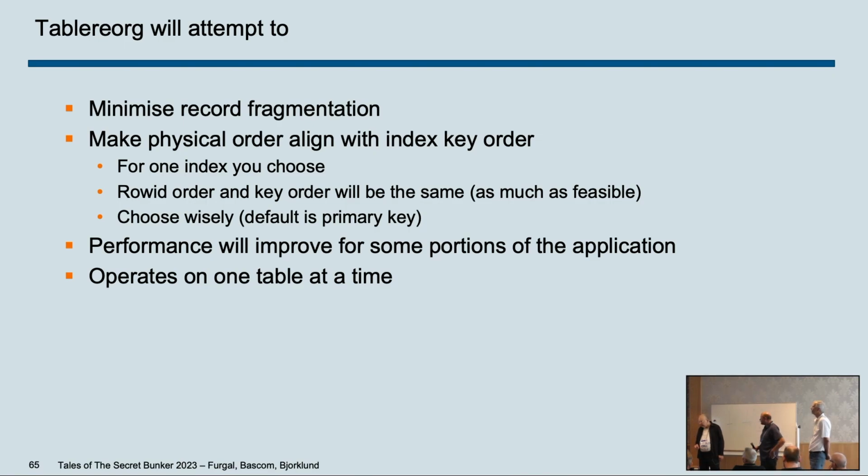And then, as best it can, it will make the physical order match the index order. We need more experience to know how good a job it does at that. It should do a good job, but we don't have enough data from real databases to be sure.